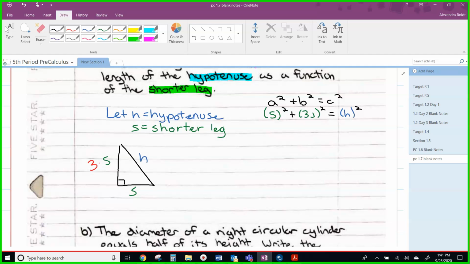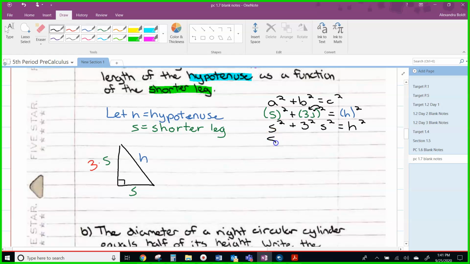And now since I want it as a function, I want the length of the hypotenuse as a function of the shorter leg, I want to get h by itself. Okay. So I'm going to simplify this. I have s squared. Well, again, exponents distribute in, so that's 3 squared s squared equals h squared.